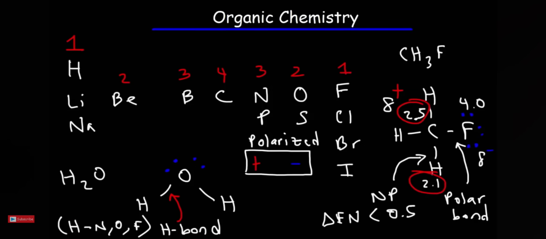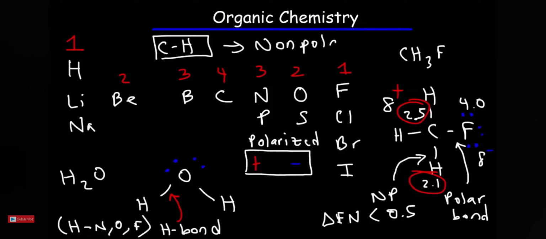So understand this: anytime you see a hydrocarbon or a bond that contains carbon and hydrogen, those bonds are nonpolar bonds. Because sometimes you need to determine if a molecule is polar or nonpolar. So, for instance, methane, CH4, is a nonpolar molecule because it only contains carbon and hydrogen.